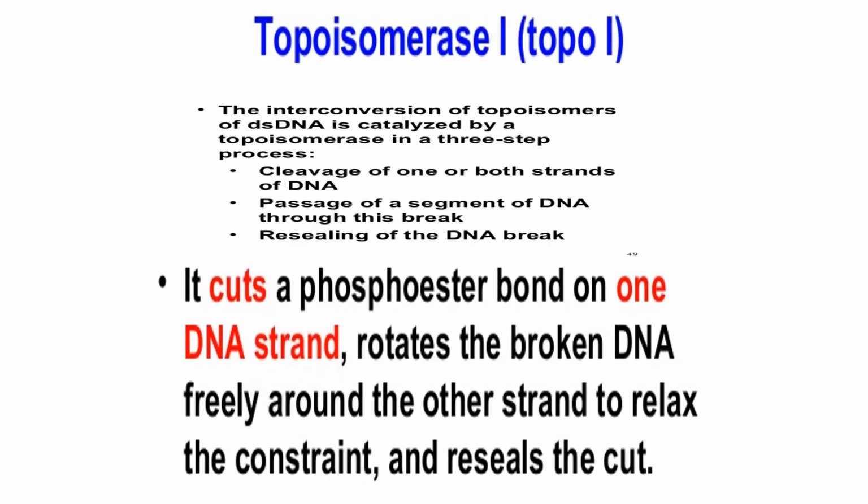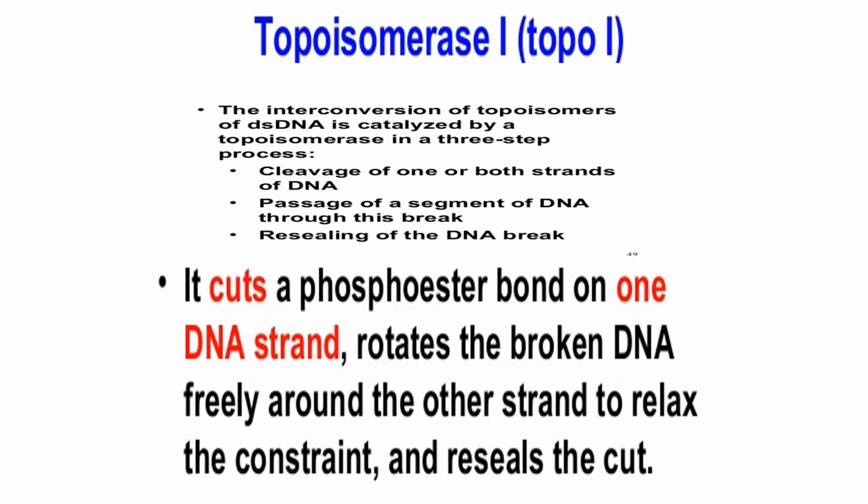There are two kinds of topoisomerases, topoisomerase 1 and topoisomerase 2. The interconversion of topoisomers of double-stranded DNA is catalyzed by topoisomerase in three steps. First, it cleaves one or both strands of the DNA.